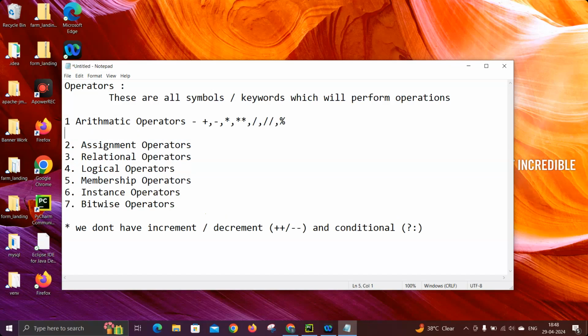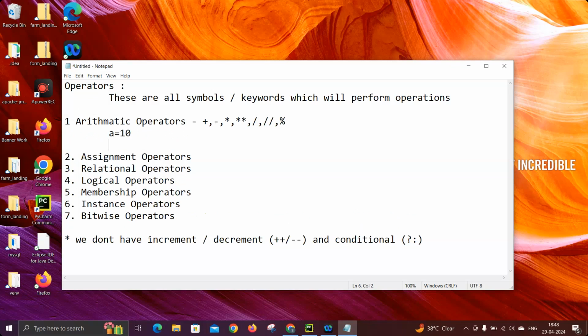The first ones, plus, minus, and star, everyone is pretty sure about because they are fundamental operators. Plus is used for addition, minus for subtraction, and star for multiplication. Let's take an example: a equal to 10, b equal to 2.